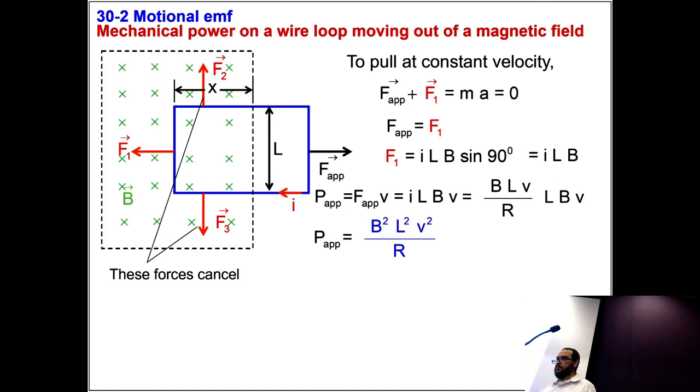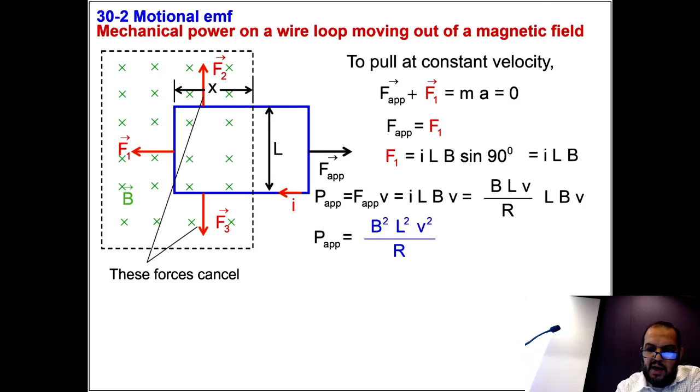Now, let's do the power dissipation through the loop. This was the power due to the force pulling the loop at a constant velocity. Now let's determine the power through the loop.